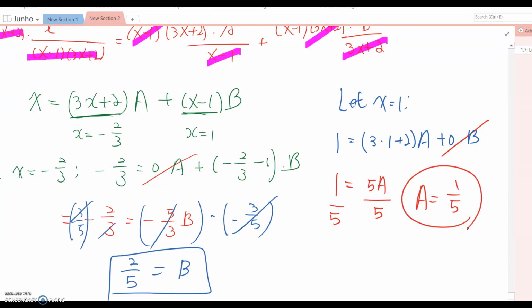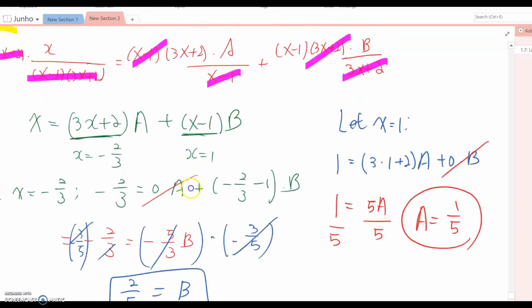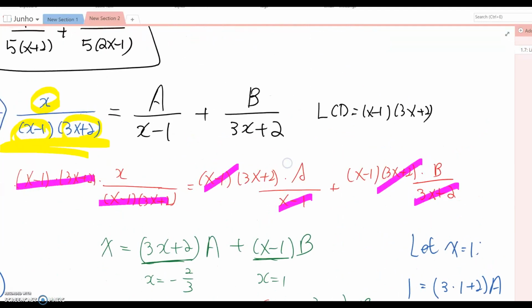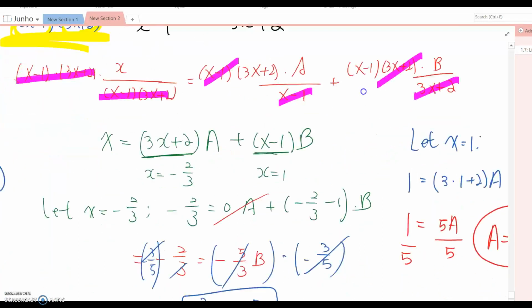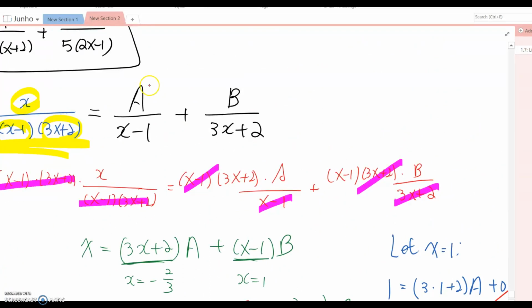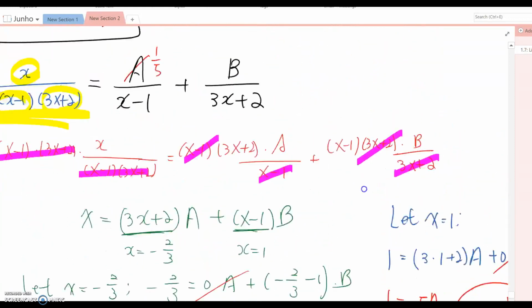Okay, so now we can rewrite it using those two values of a and b. As you see, I'm just moving the values here. So a becomes 1/5, and b was 2/5.